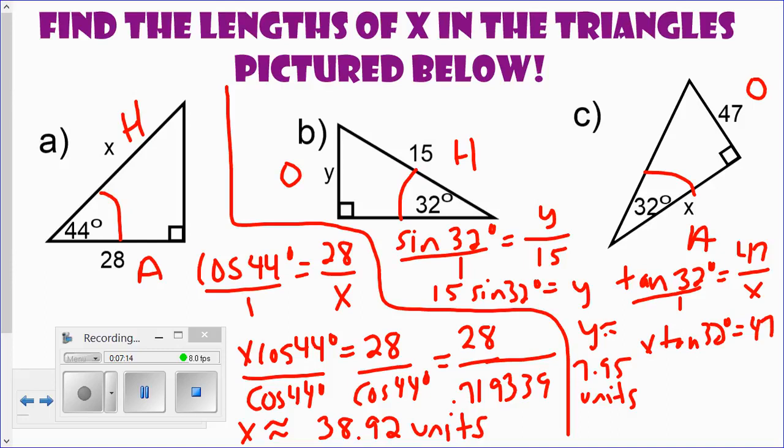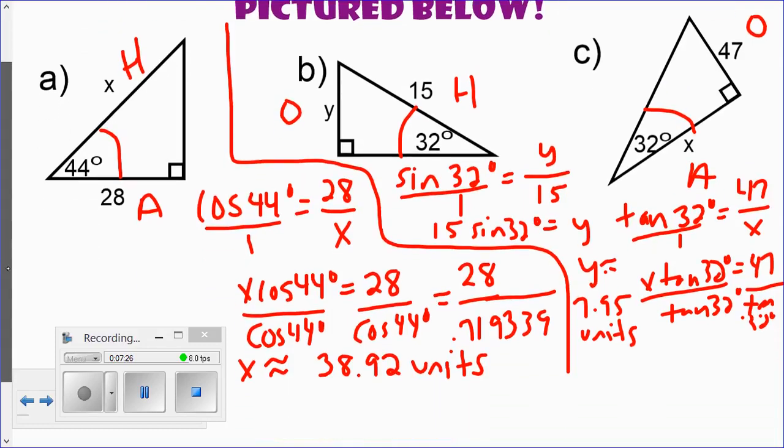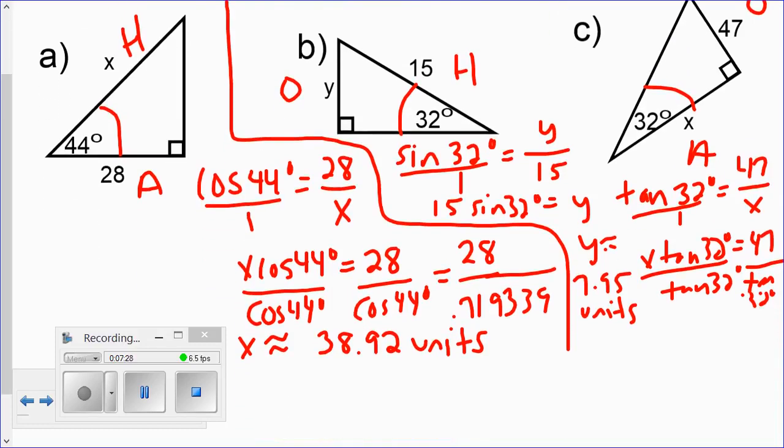And we'll solve for x by dividing by the tangent of 32 degrees. I'm running out of space here, but we'll fix that. So that gives me x all by itself.